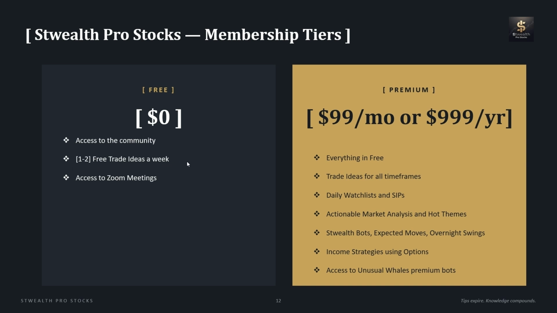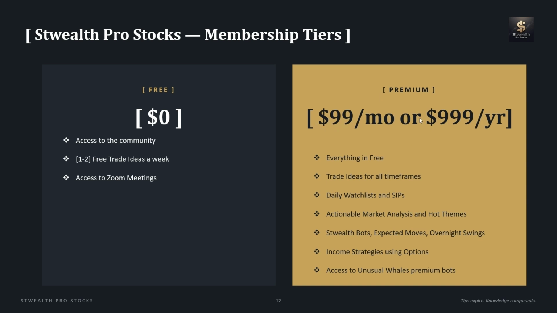I post different trading ideas in a given week, and sometimes more often, depending on market conditions. And whenever I do Zoom meetings to discuss market analysis, go through a couple of trade ideas, or do Ask Me Anything sessions, you have access to those Zoom meetings as well. So that's the free tier, and otherwise there is a premium tier.